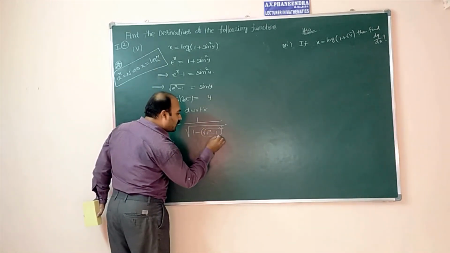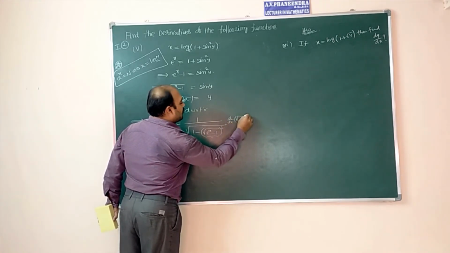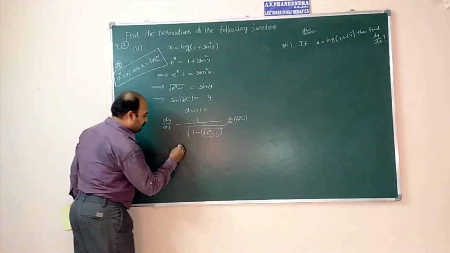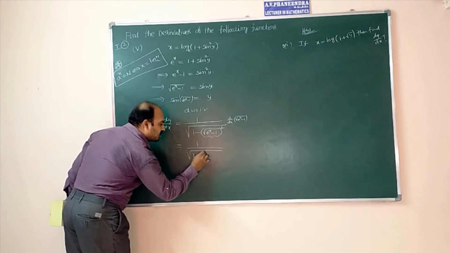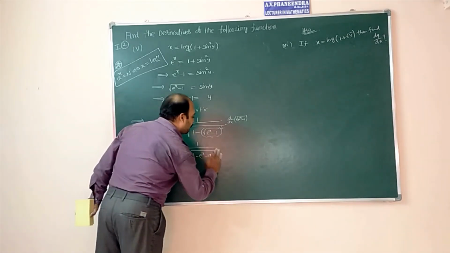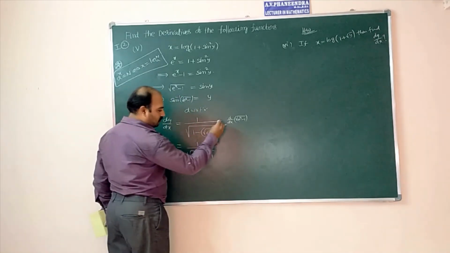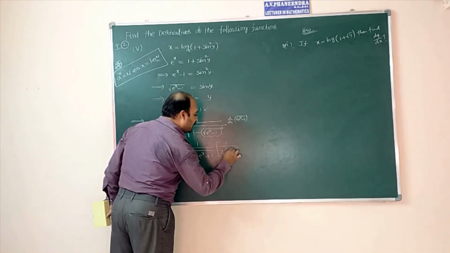Again root e power x minus 1 whole square, you have to differentiate d by dx of root e power x minus 1, which is equal to 1 by square root of, root square cancel, 1 minus e power x plus 1. d by dx of root e power x minus 1 is 1 by 2 root of e power x minus 1.